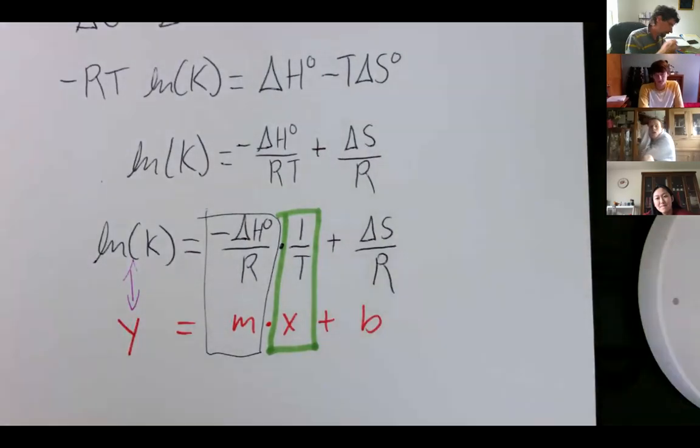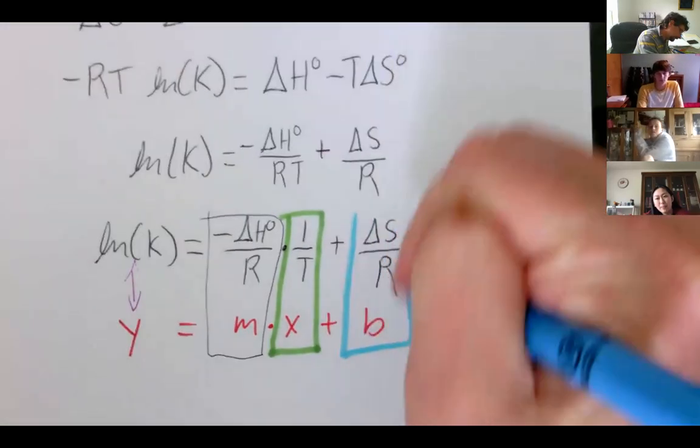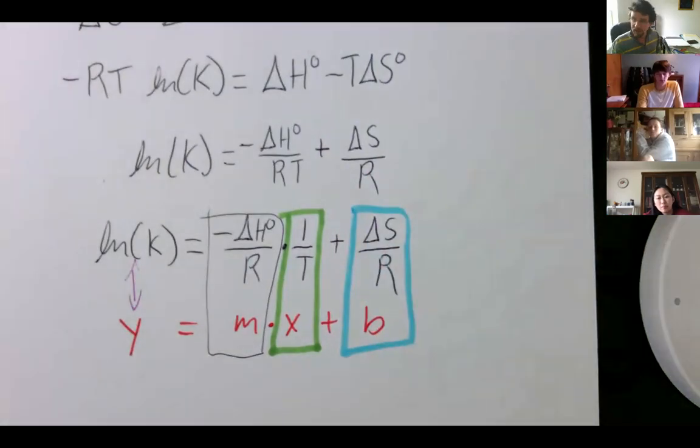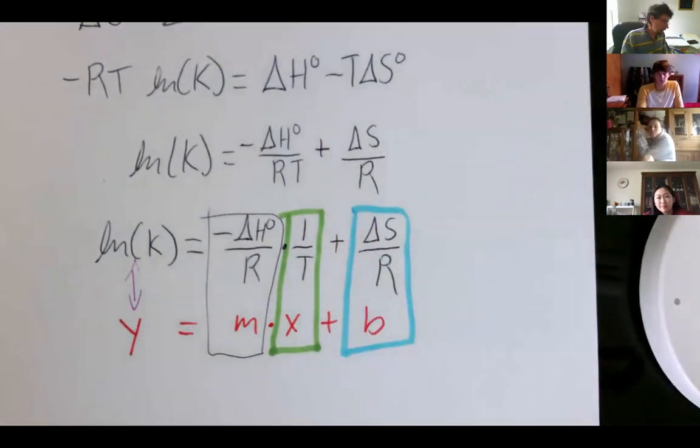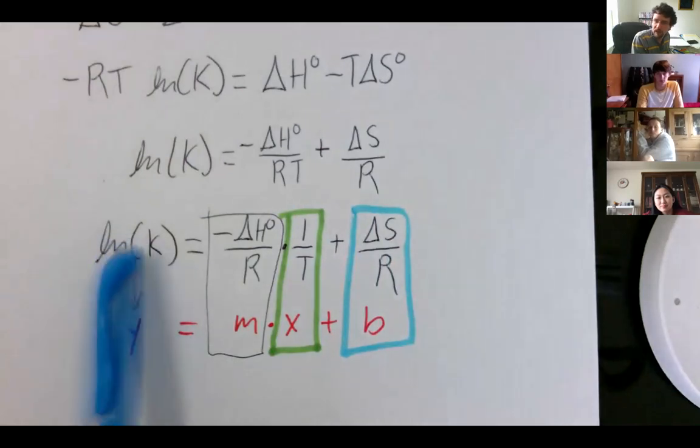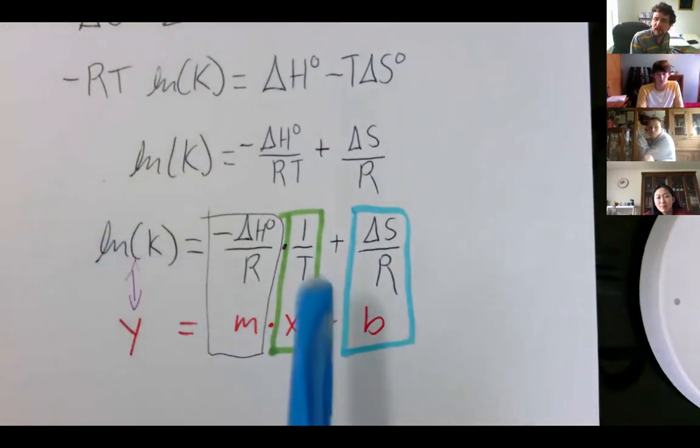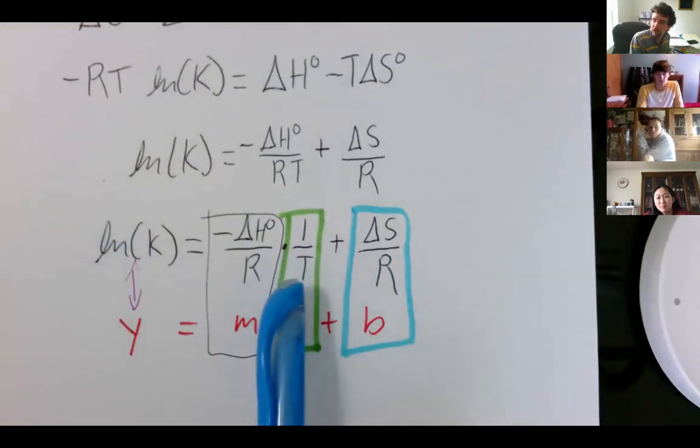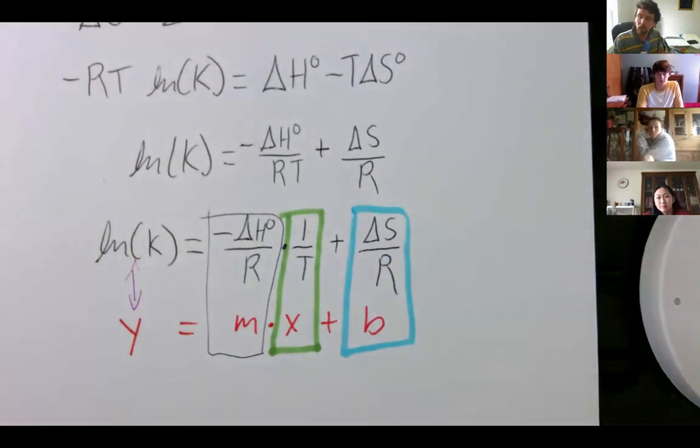Our intercept. So Cindy, I think you said all we have to do is get the ln of K. We have to measure that equilibrium constant, we have to measure the temperature, or 1 over the temperature, and we have all the thermodynamic properties we need, which is pretty cool.